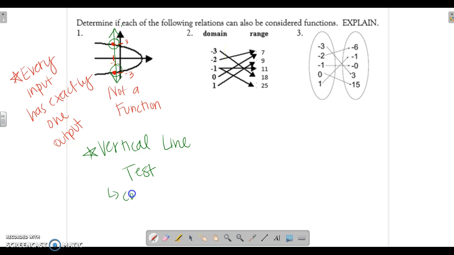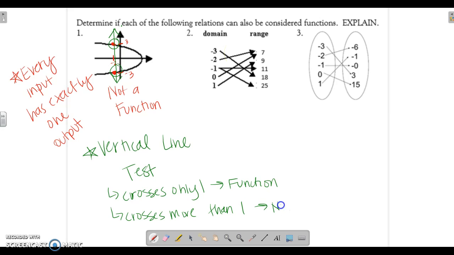So if it crosses only one time, then that means that you have a function. If it crosses more than once, not a function. So you can use that anytime that you have a graph.